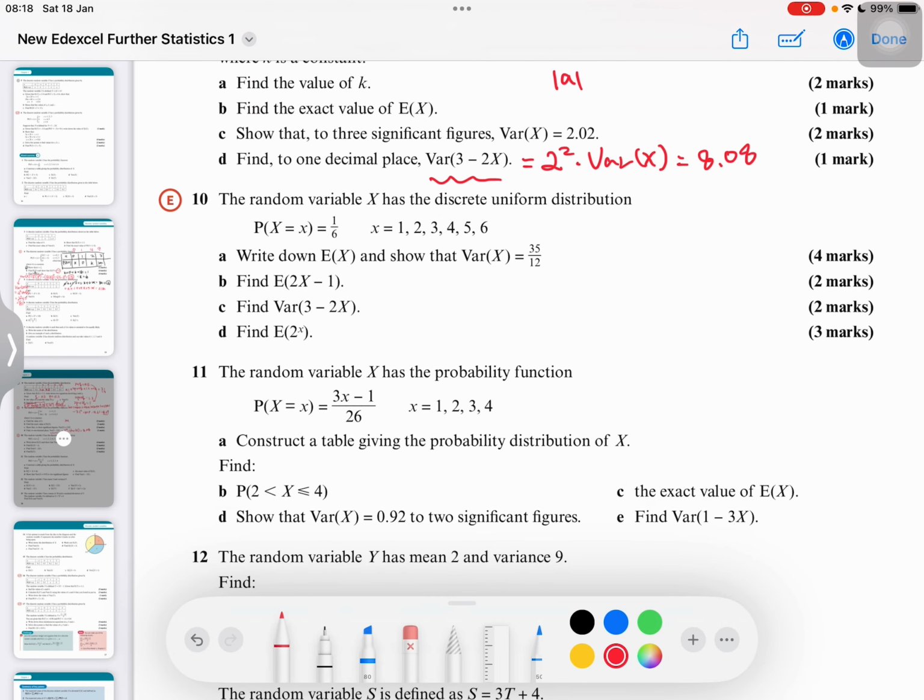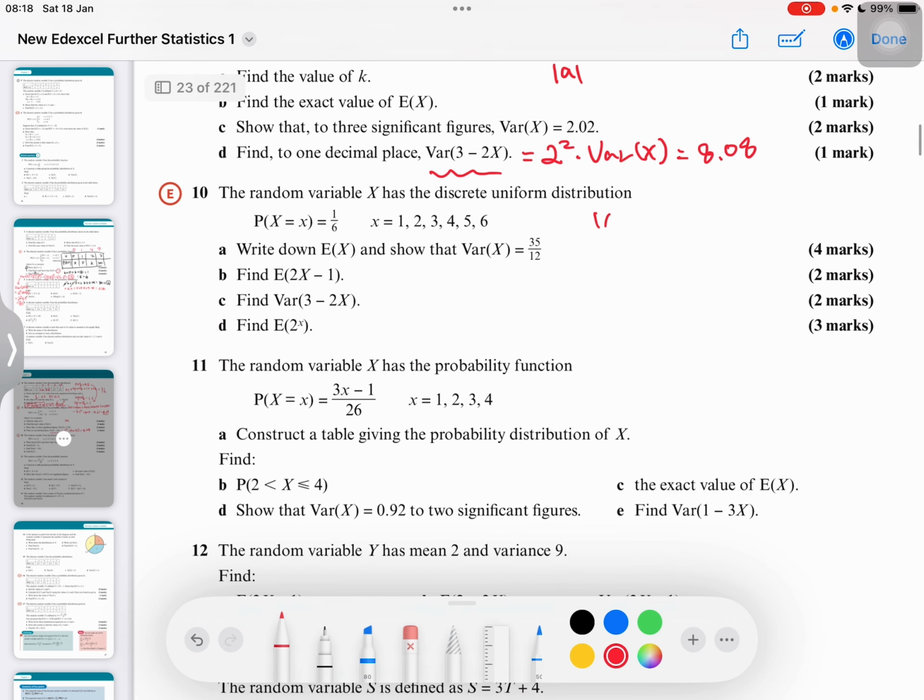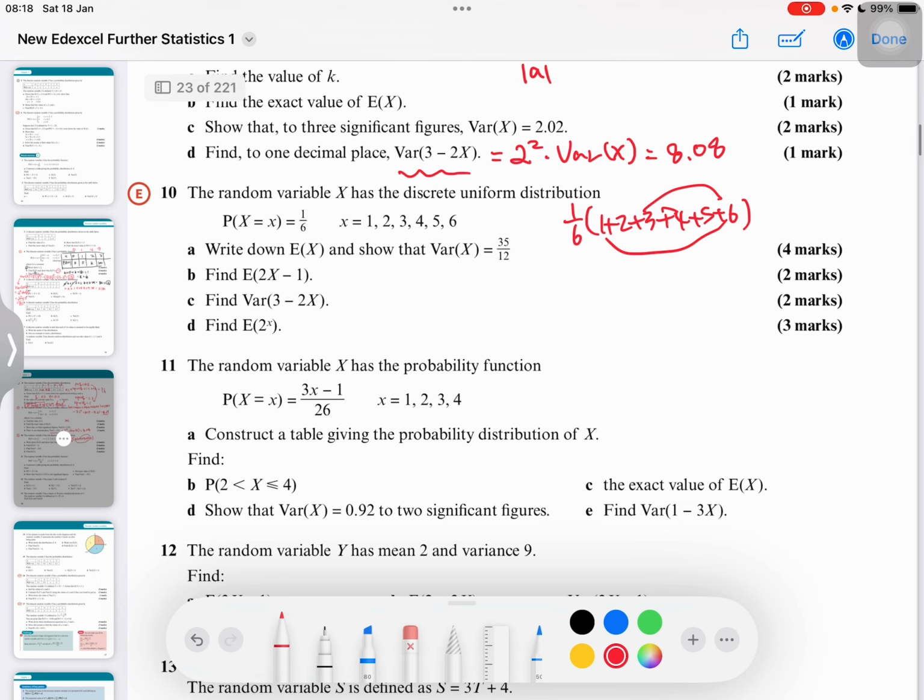Number 10. Now we have the uniform distribution. It's very much like a dice. For the expectation: 1 times 1 over 6, 2 times 1 over 6, 3 times 1 over 6. Every term has 1 over 6. So 1, 2, 3, 4, 5, 6 adds to 21, over 6 gives 3.5.